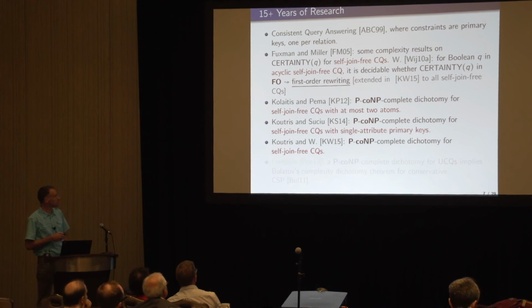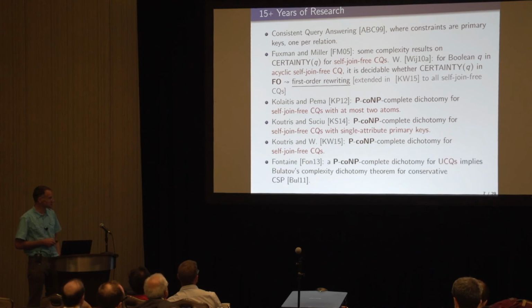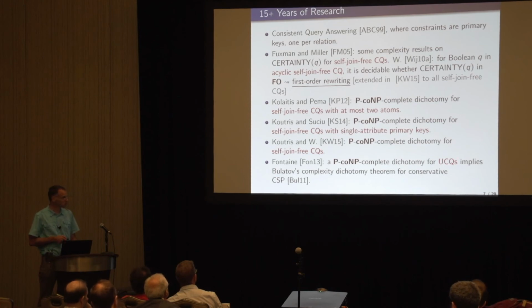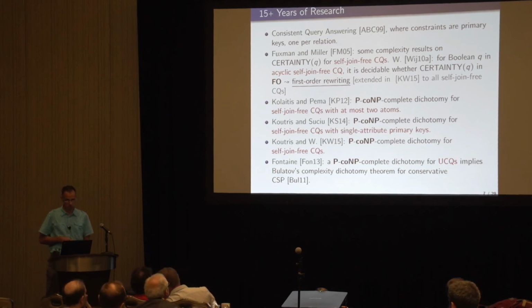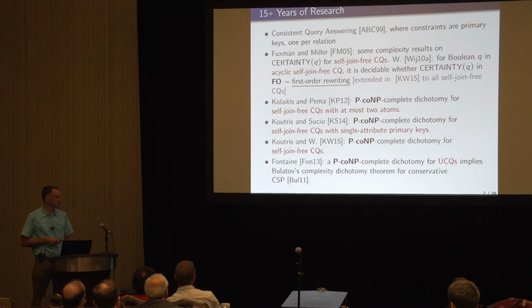There has been work by Kolaitis and Pema, by Koutris and Wijsen, by myself. Maybe one of the reasons is that Gaël Fontaine showed that if you find a P versus coNP-complete dichotomy for unions of conjunctive queries, then this implies Bulatov's complexity dichotomy for conservative CSP. So that's probably one of the reasons why most of the work has focused on conjunctive queries.